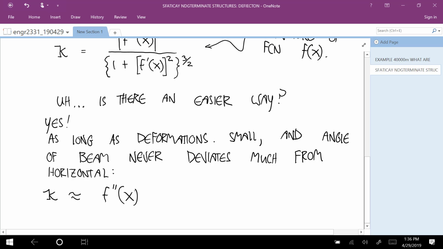Okay, because what happens is f prime is close to 0 if it stays close to horizontal, and so this stays close to a denominator of 1, and so you just have the second derivative up above. It starts out as a horizontal beam, and think of the tangents at any point.